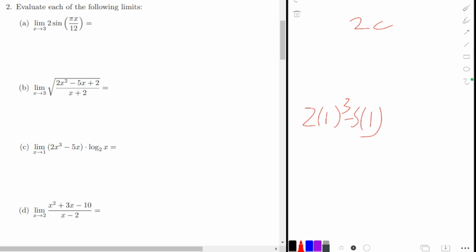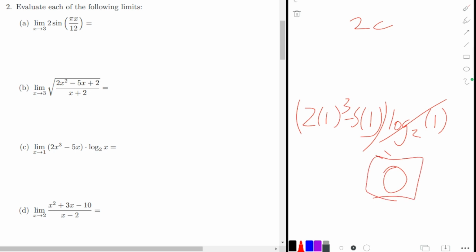But log base 2 of 1, this is 0. So the whole thing is 0. So far, the answers to part 2 were square root 2, 1, and 0. Let us see what the last one was.